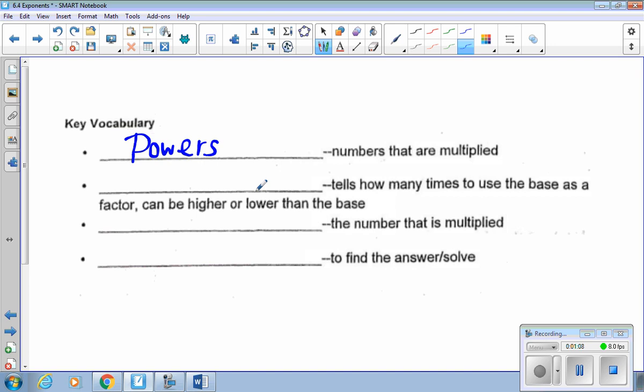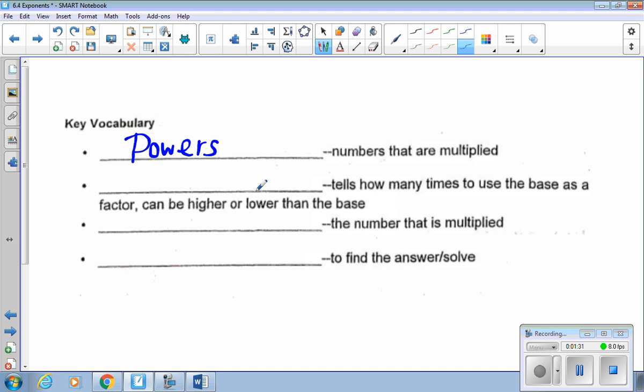So when you say it, you use the word power. It's 5 to the second power, or 12 to the first power, or 8 to the seventh power, or anything like that. So that's a word you're going to use when you're describing these things, or when it says, write this exponent in words.